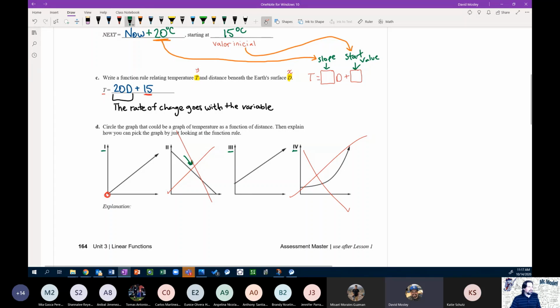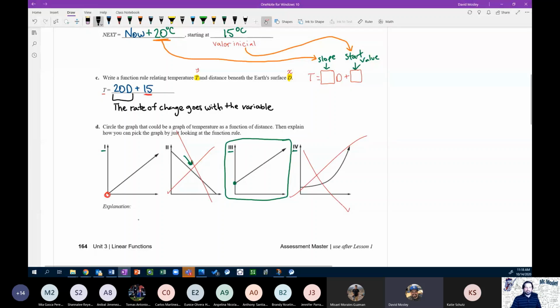Graph 3 starts at a higher value and is increasing. So this fits the rule. Our y value is not starting at 0. It's starting at 15. So Christian, yes, rule 3. And then Andy's explanation is good.